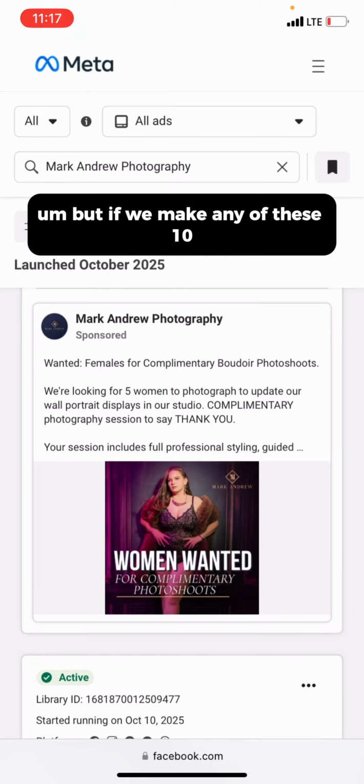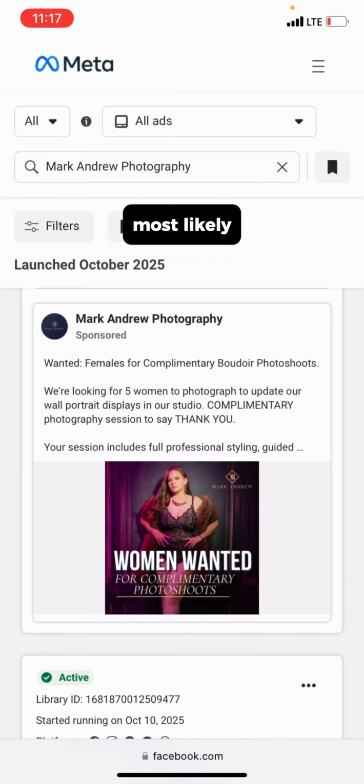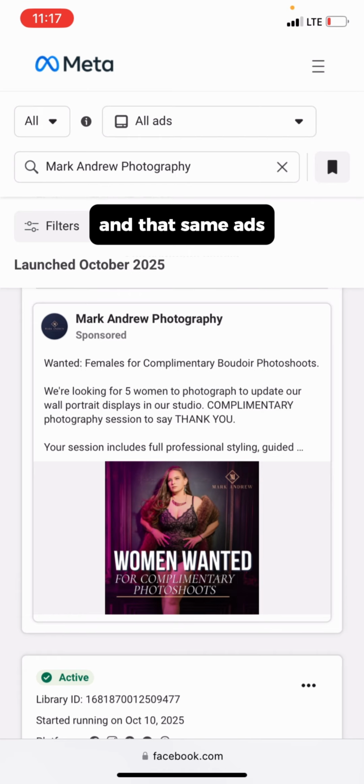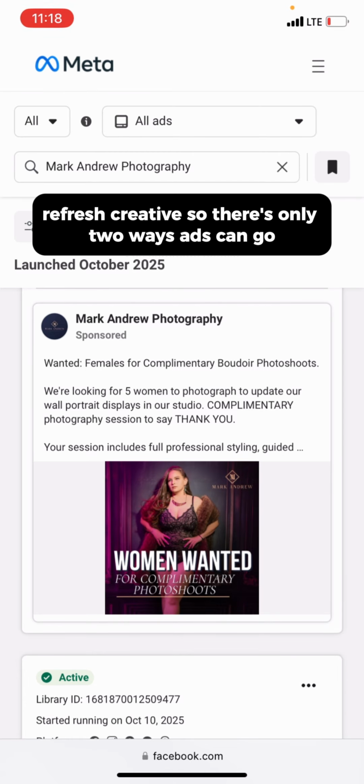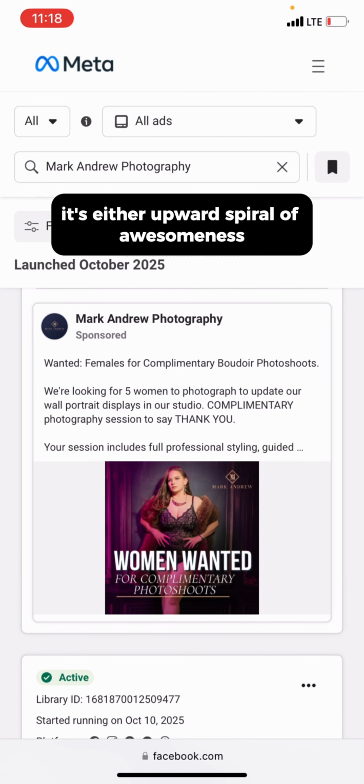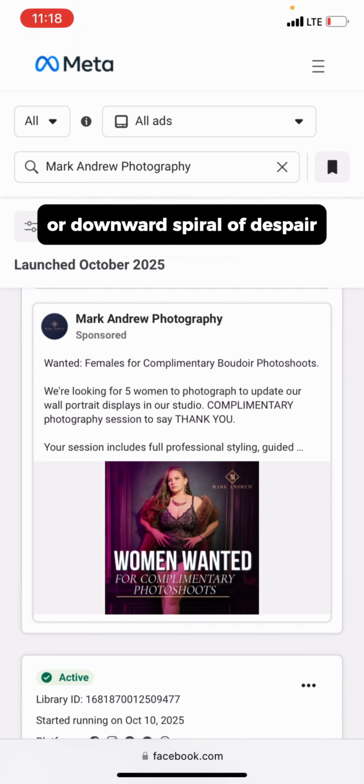But if we make any of these top 10 most common mistakes, most likely we're going into the downward spiral of despair based on the data coming in from our tranche one women. Same ad spend, worse and worse results over time, the ad burns out, the ad dies out, refresh creative. Those are the only two ways ads can go. There's no maintaining an ad. It's either the upward spiral of awesomeness or the downward spiral of despair.